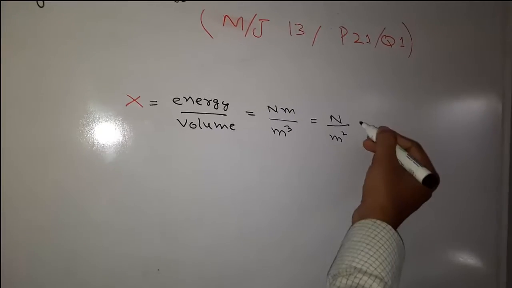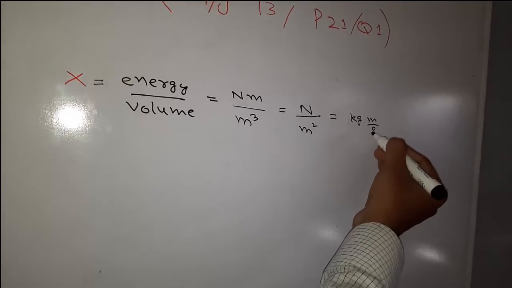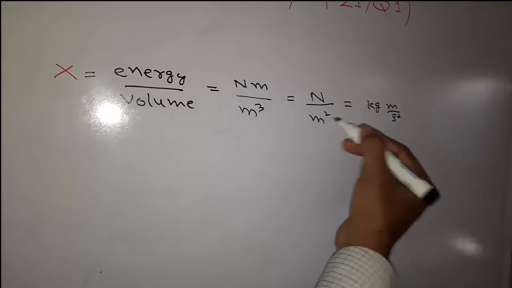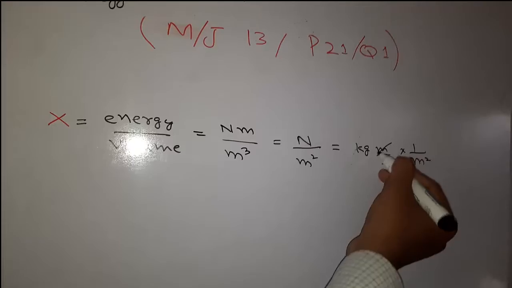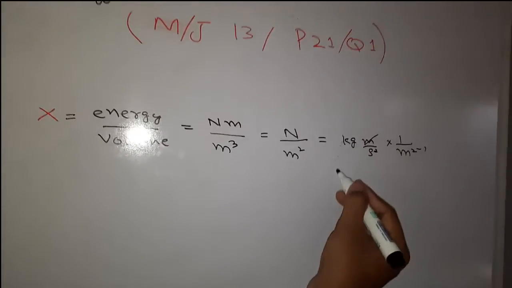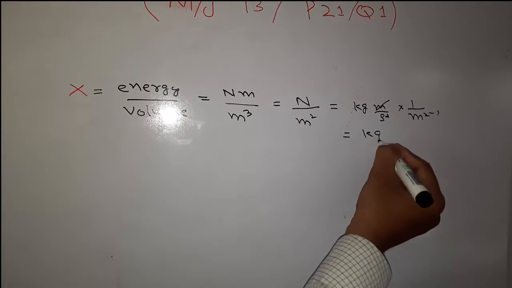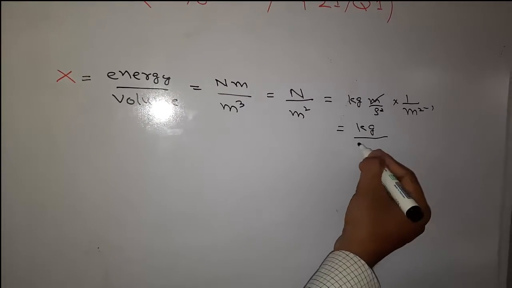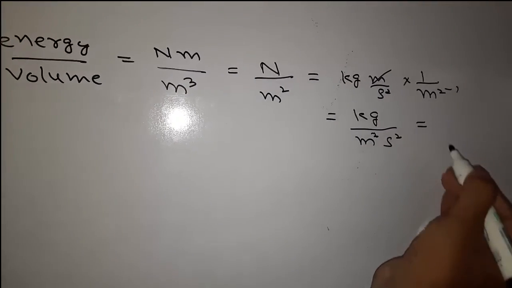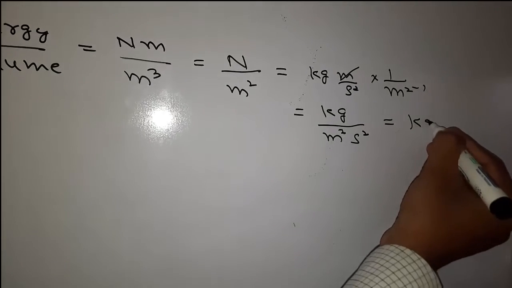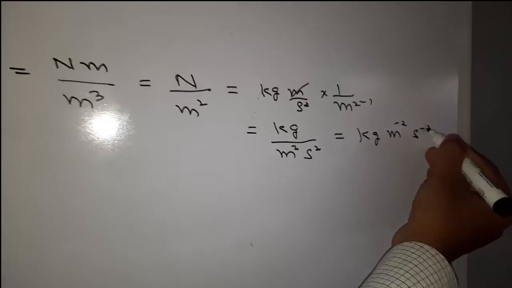Then Newton we transform into kilogram meter over second squared, and 1 over meter squared we write separately as a product. After subtracting the powers, it turns out to be kilogram over meter second squared, or written as kilogram meter to the power minus 1, second to the power minus 2.